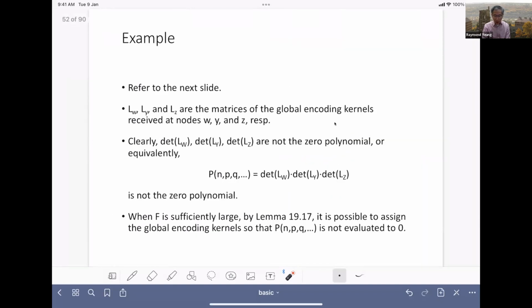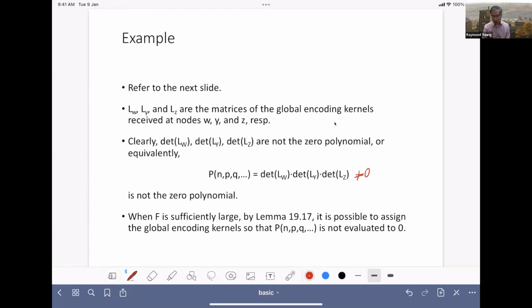Now, according to the lemma I just mentioned to you, as long as the field size is sufficiently large, then you can always find assignments for these indeterminates such that this is evaluated to a non-zero value, where each assignment corresponds to a linear network code.